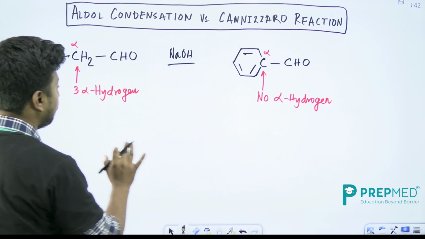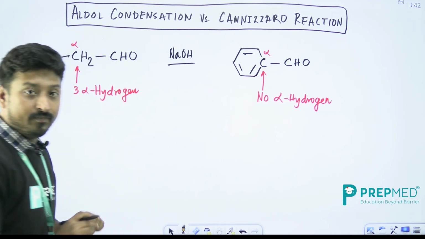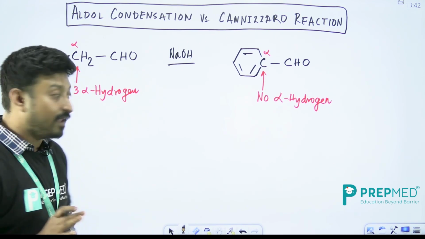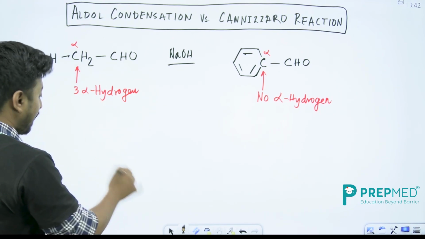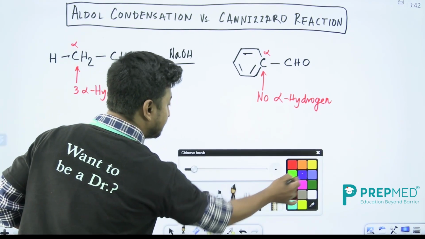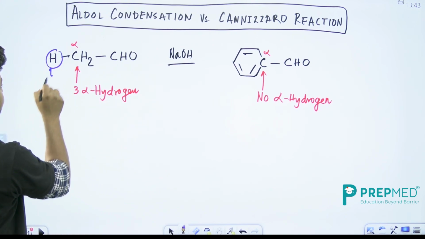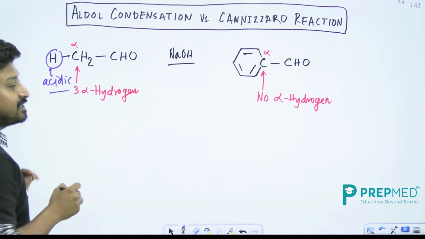Here you can see very clearly that in one of these two compounds there are 3 alpha hydrogen atoms. These are alpha hydrogens with respect to the aldehyde group, and they are acidic hydrogens.